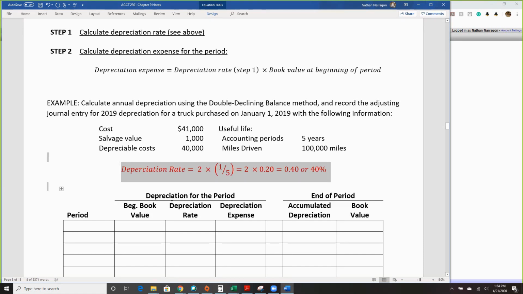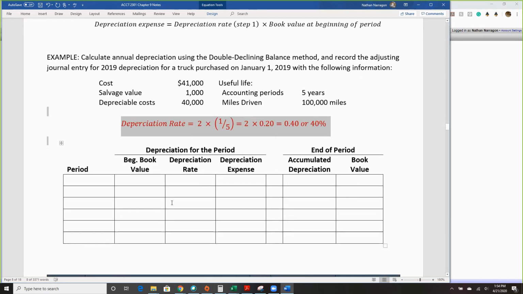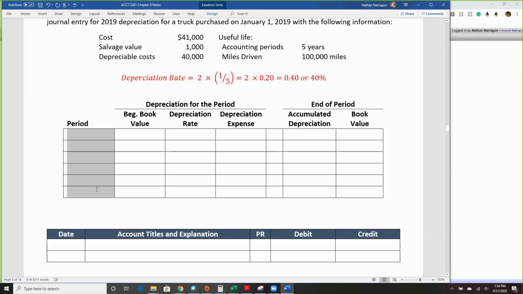Okay? From here, we strictly do an amortization chart. So here are our periods. Again, beginning book value, or the original cost, will of course be the beginning book value for 2019. Then we take our rate and times it by beginning book value.